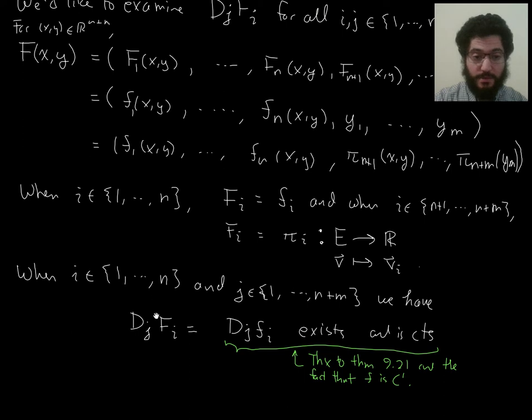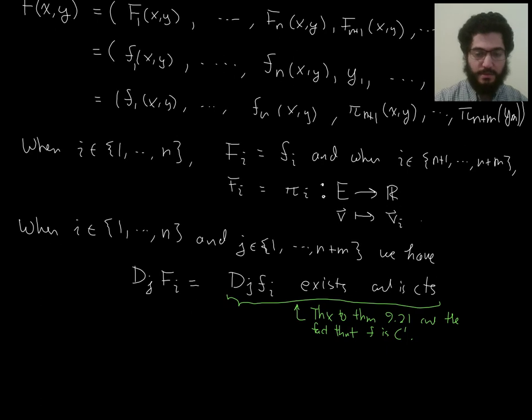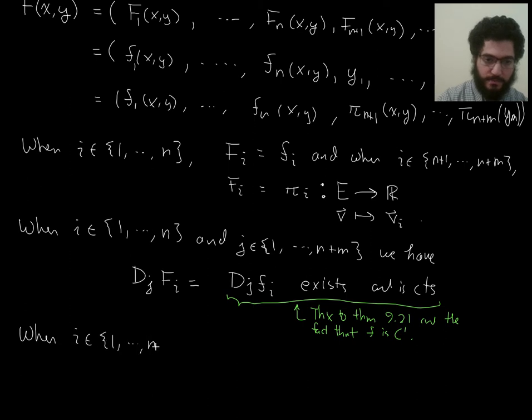Now, we also need to consider I in the range n plus 1 up to n plus m. So then what happens? Sorry, n plus 1 up to n plus m. And j is anything.